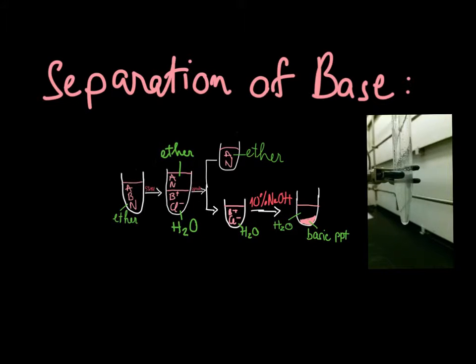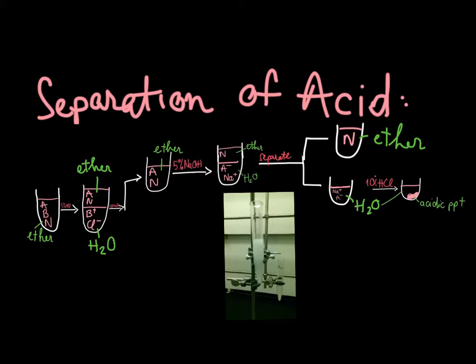It will pull protons away from the water layer that contains the organic base. So the organic base will lose a proton and it will become insoluble in water again. So we have a basic precipitate here, and I will explain what to do with the ether layer next.